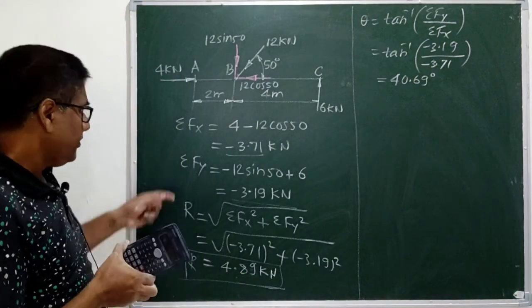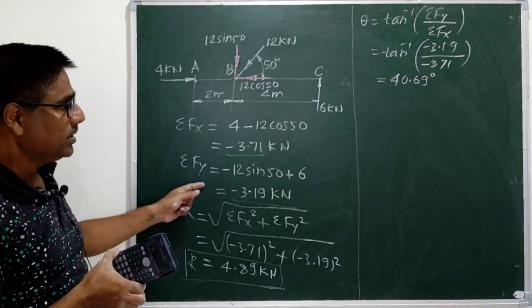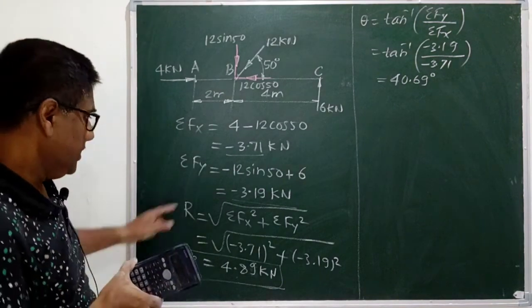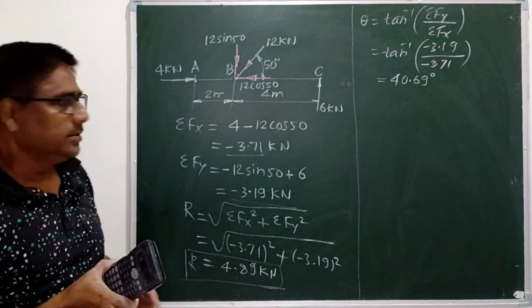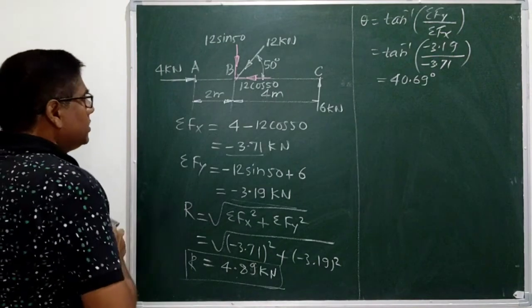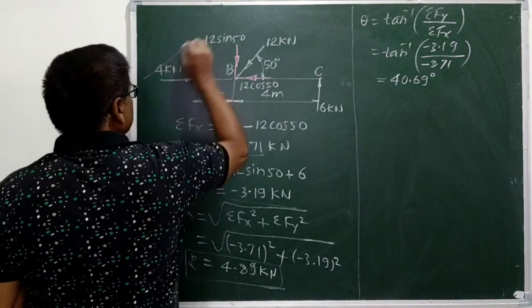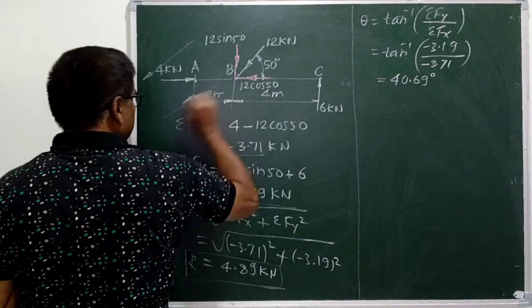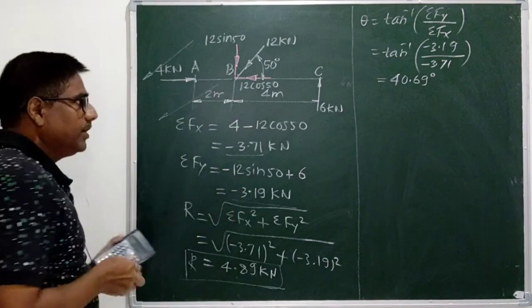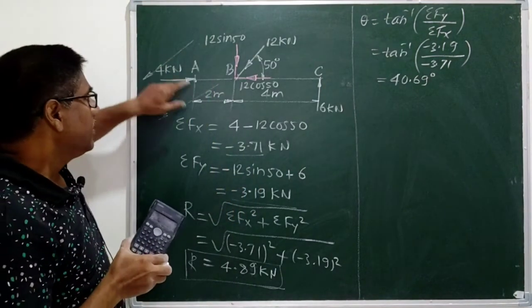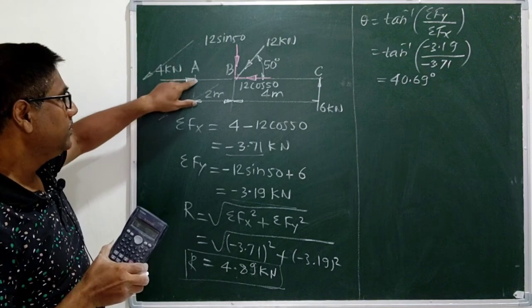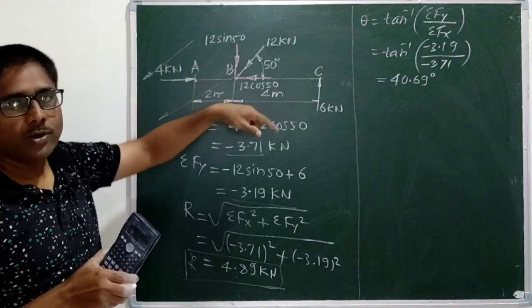As sigma fx and sigma fy both are negative, the resultant should lie in third quadrant. Now question is whether to place resultant here or here. We are going to find the location of resultant with reference to A. We can take any point.